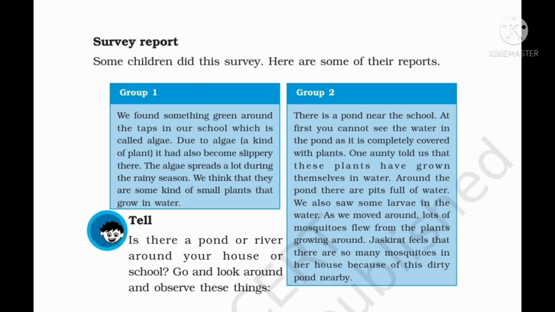As we moved around, lots of mosquitoes flew from the plants growing around. Jaskirat feels that there are so many mosquitoes in her house because of the dirty pond nearby. So that's something one should be taking care of.